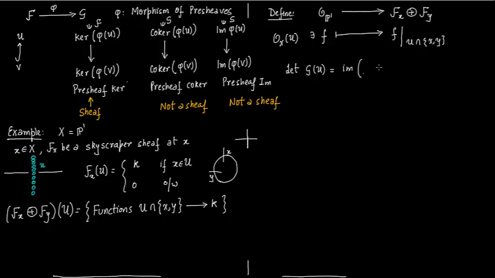And we need to show that this G of U is not a sheaf in general. It is a pre-sheaf, but it is not a sheaf. So this is nothing but the image of the above map. So this is a pre-sheaf on P1, but not a sheaf.